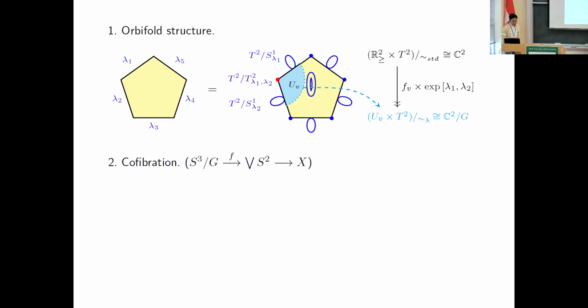The second one is more interesting. If you look at this C^2 modulo finite group, G acts on this C^2 linearly, so it preserves the distance from the origin.